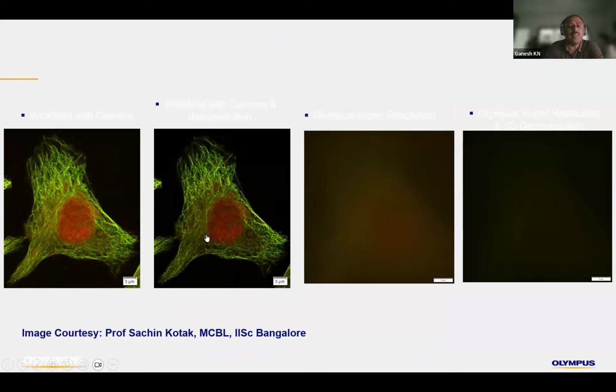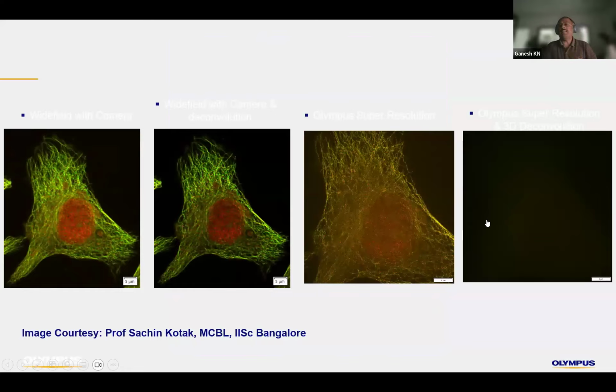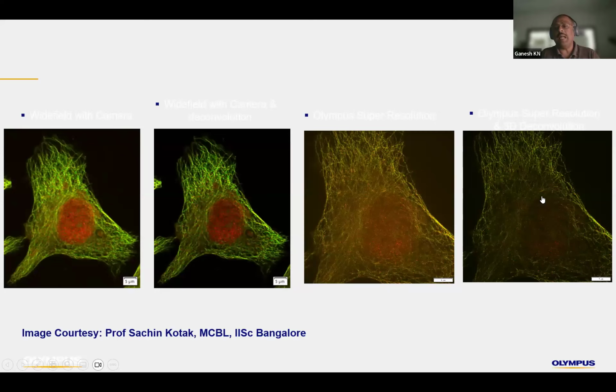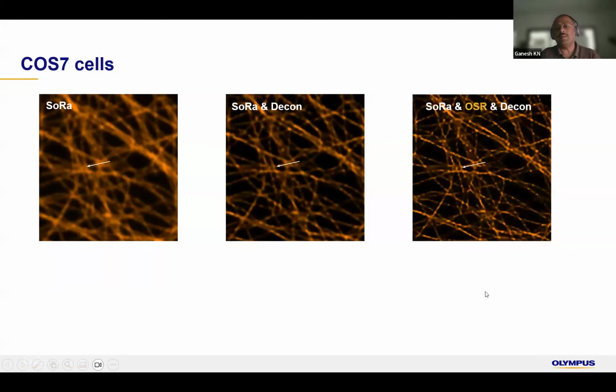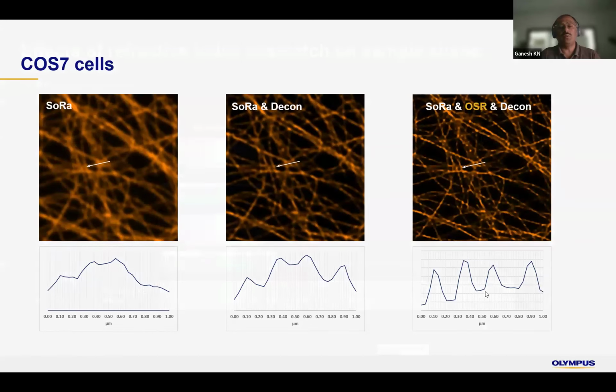No doubt it helps you to improve the resolution, but this is super resolution, and this one is super resolution and deconvolution. Microtubules and the proteins can be easily resolved. This one I have shown you.